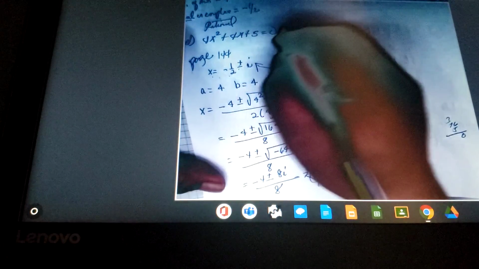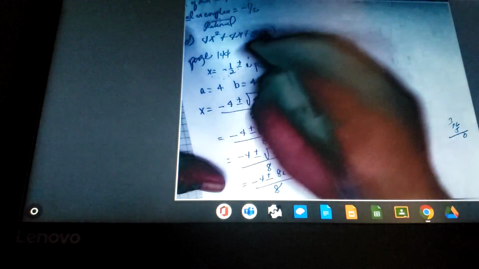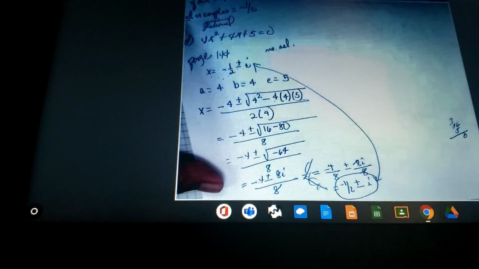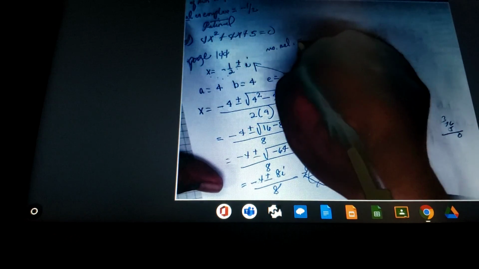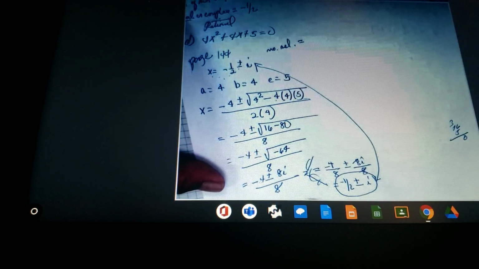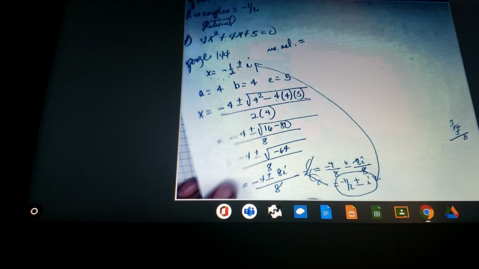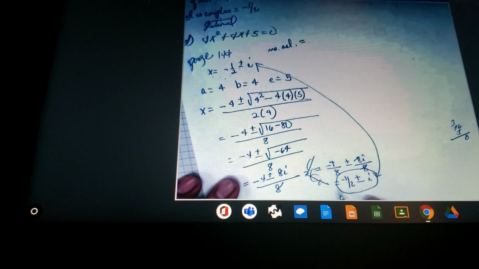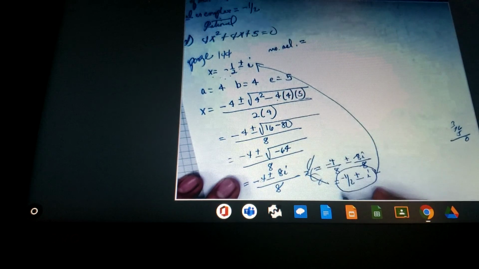So the solution is this one. How many solutions do we have, class? How many x do we have? Negative 1/2 plus i, negative 1/2 minus i.